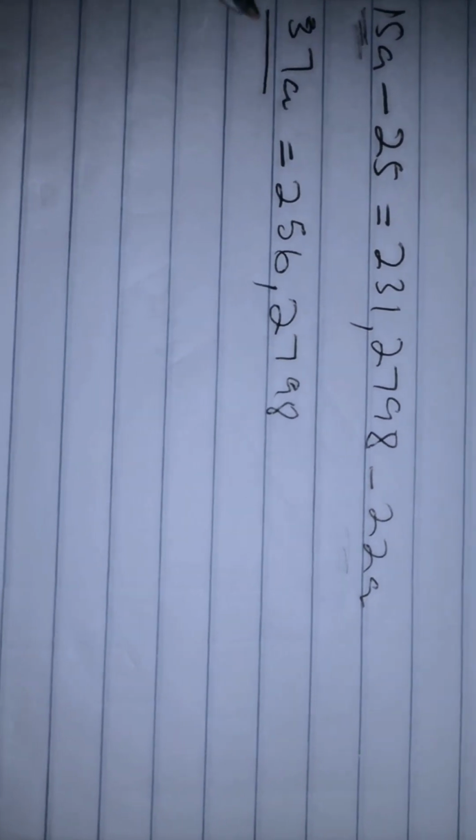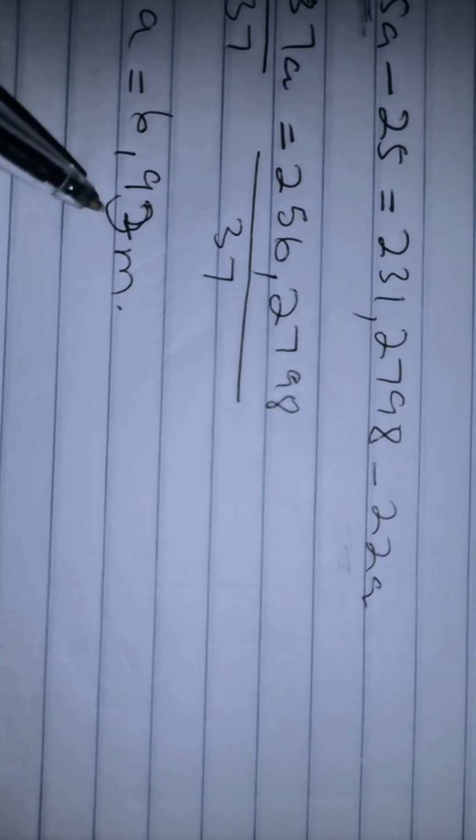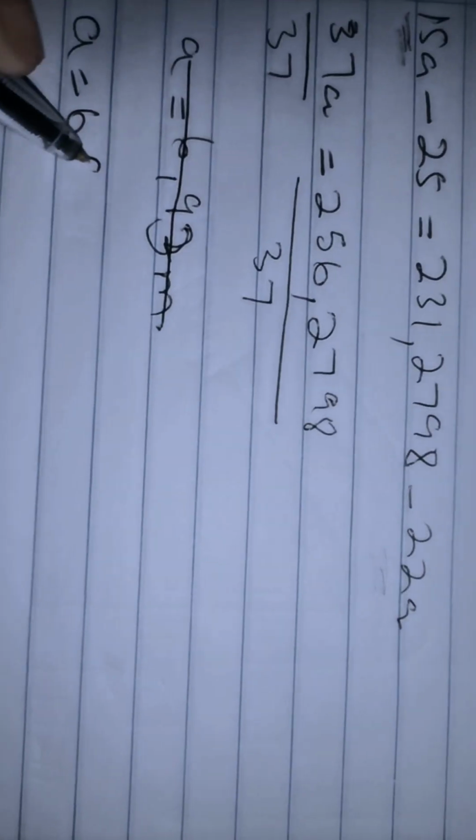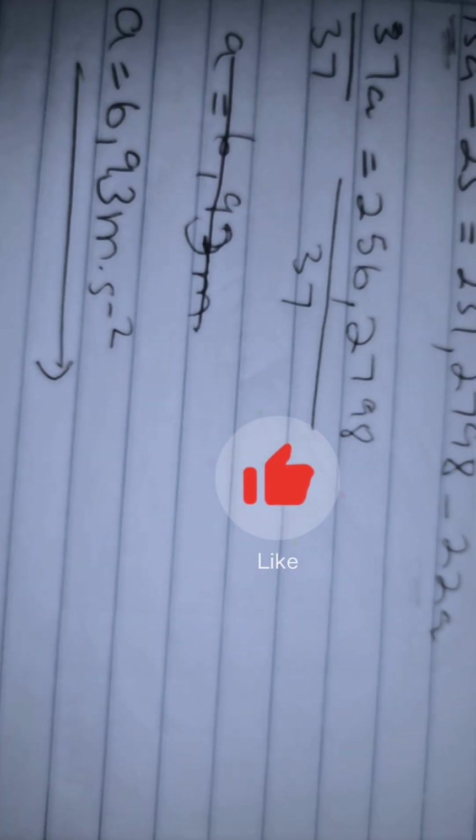Then I'm going to divide both sides by 37. Therefore the value of a is equal to 6,993. So apologies, guys. a is equal to 6,93 meters per second squared. This is the value of our acceleration.